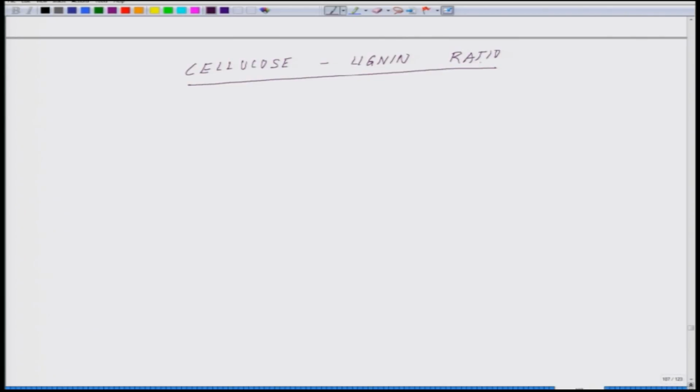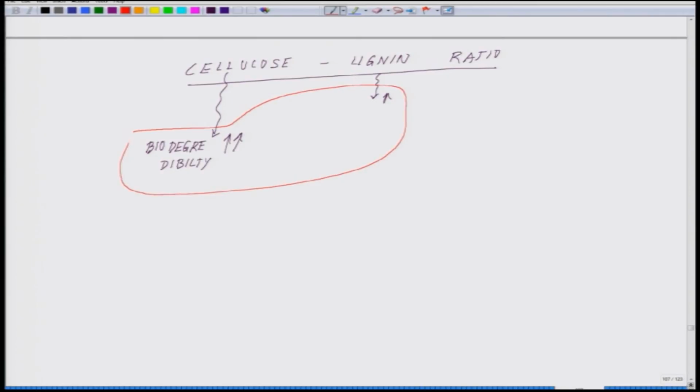In terms of biodegradability, cellulose has a very high biodegradability, whereas lignin has a low biodegradability. Cellulose is much higher than the lignin fraction.